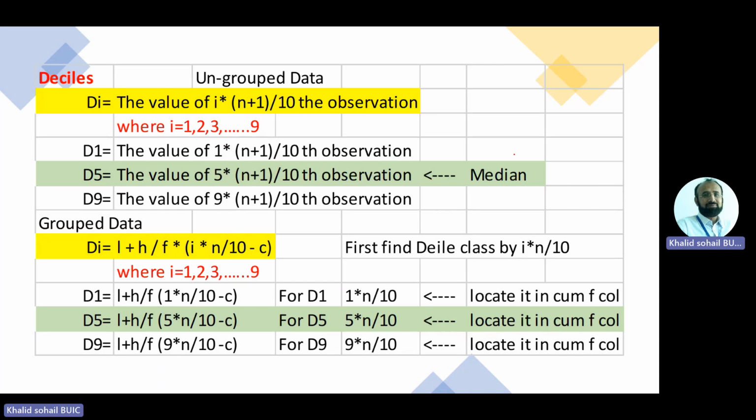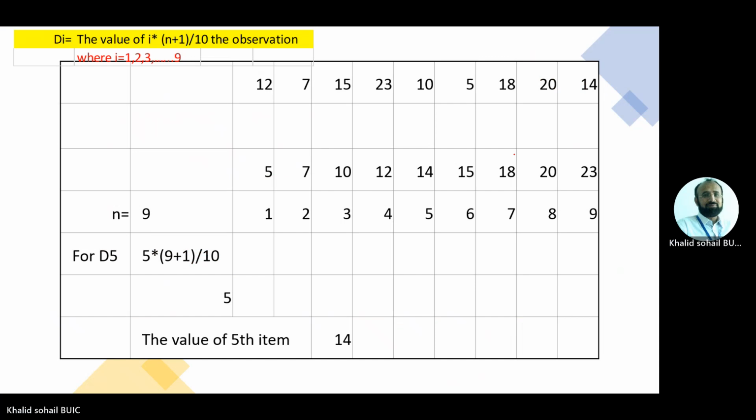Now, here we have the example for decile. Again, we have the same data, and it is not in order. So first of all, we have arranged the data. And now we are interested in finding D5. D5 will also give us the median.